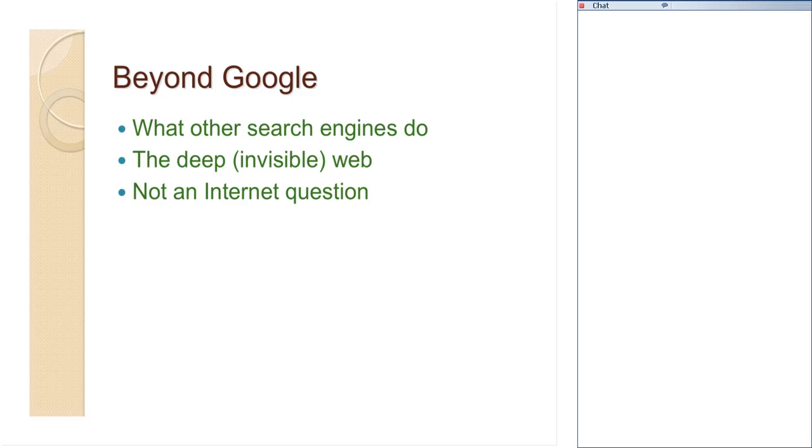So in order to locate them, what we need to do is go to a directory or some other site. And I'm going to share now the desktop while we look at the Internet Public Library. And the Internet Public Library has been around for about 20 years.